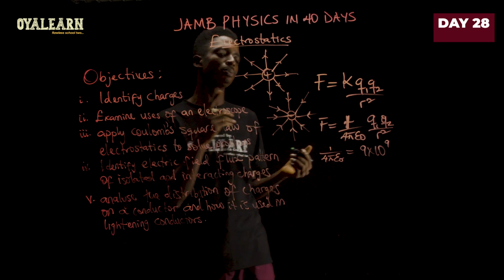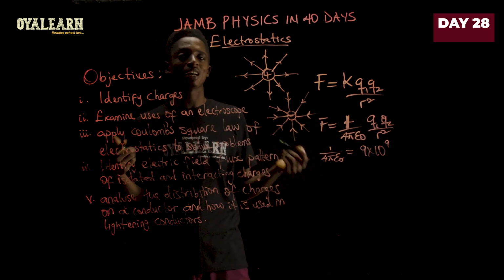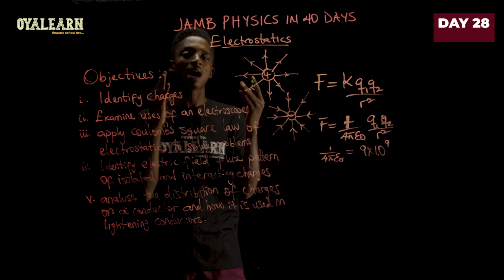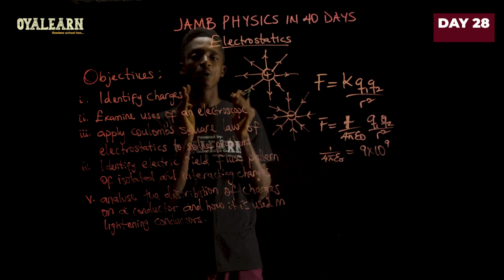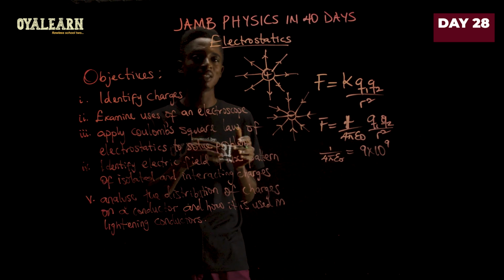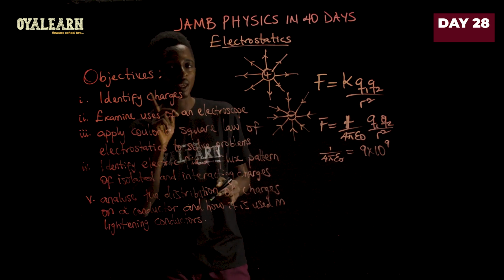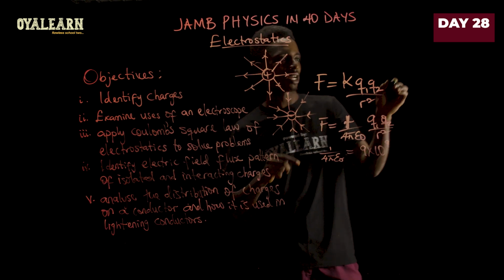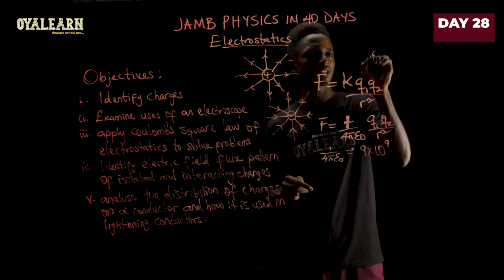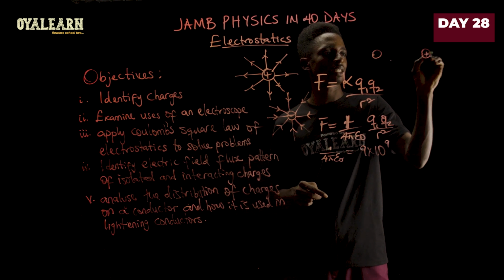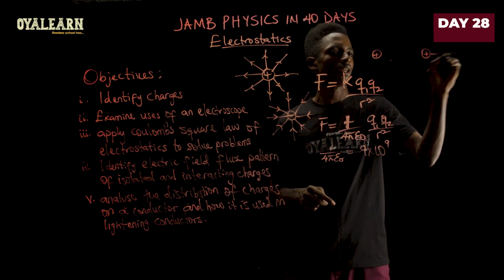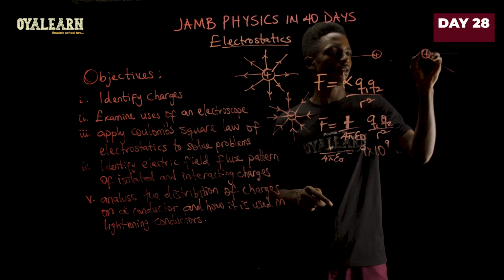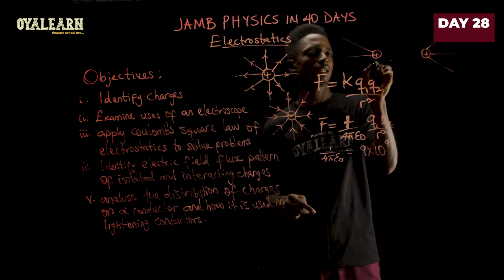Now, what happens when there's an interaction between two charges? If they are both the same charge, whether positive, positive or negative, negative, there's going to be repulsion. I'll give you an example with positive, positive charge, when two positive charges interact. So this is positive charge, positive charge. Remember, the line of force is still going to be like so.